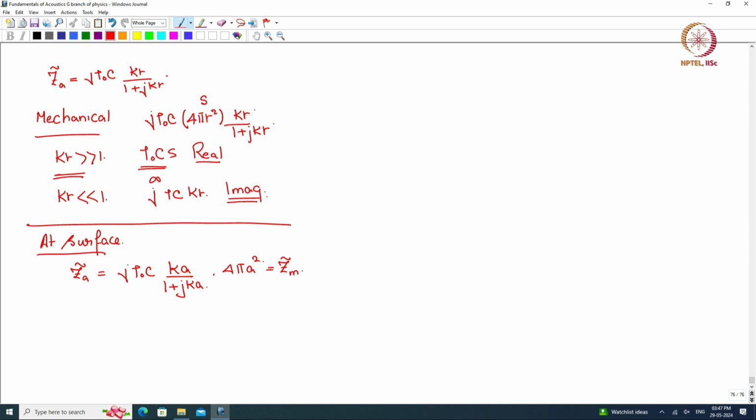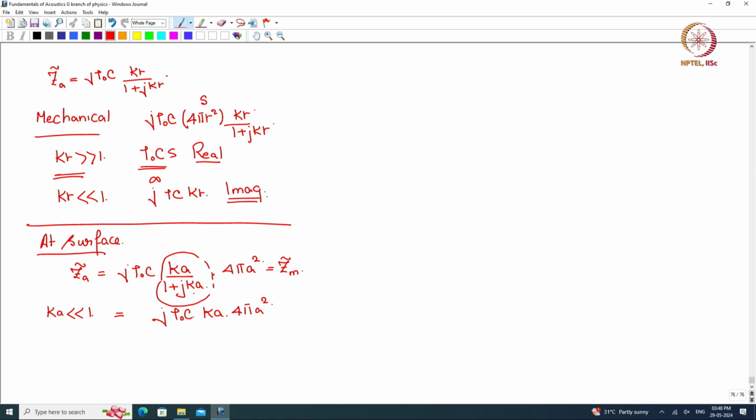Now if ka becomes small, this ends up looking like j rho 0 c ka into 4 pi a squared.